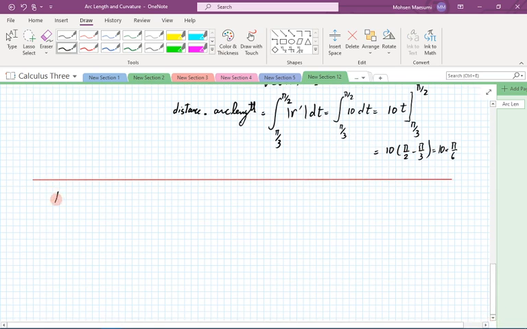So this time I ask: parameterize the curve. This is a 2D curve. Let's take it as, say, x is equal to 6 cosine of 3t and y is equal to 6 sine of 3t, by arc length.